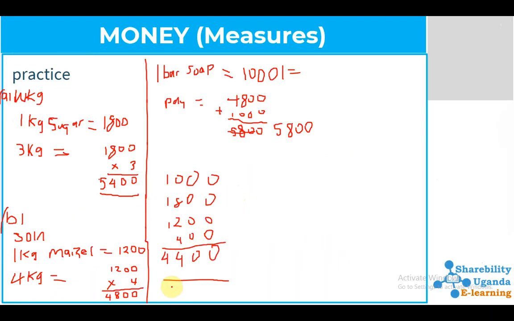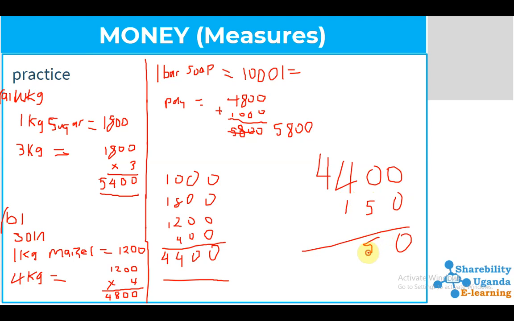This money that we have got, which is 4,400, we add 150 for the cost of an egg. So when I add, this is going to be 5, it's going to be 4.